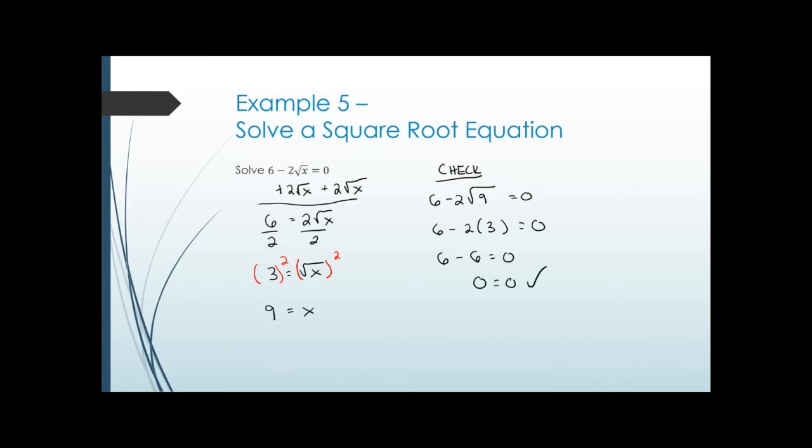Our answer checks out because we get something that's true. So in this case, we got lucky. We didn't have any extra solutions, and so our solution that we found is the correct answer. Sometimes you get extras.